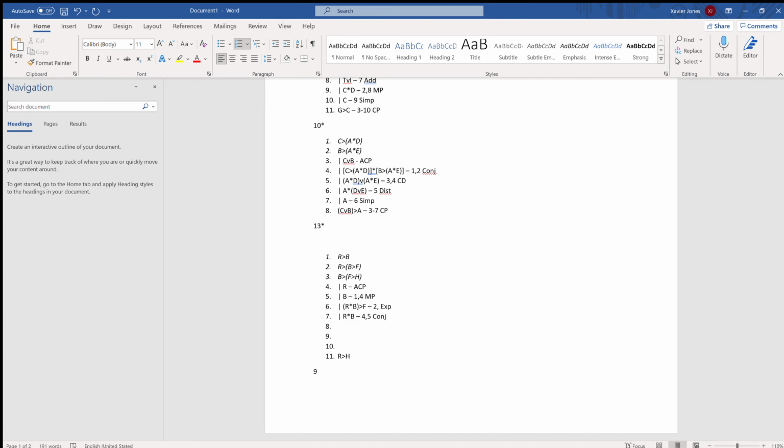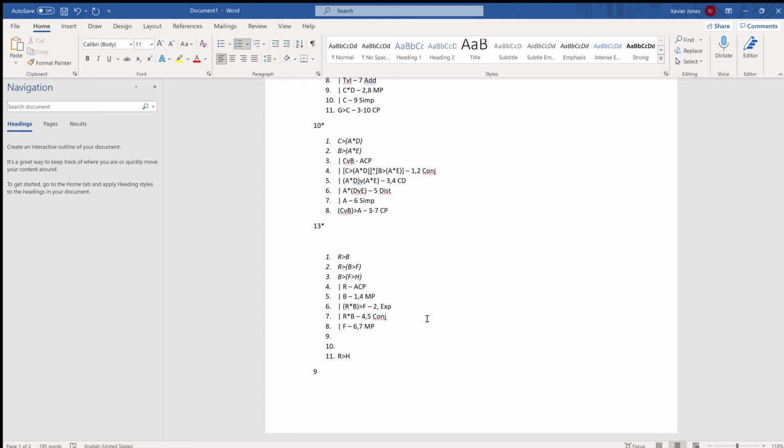All right. F, which is good. We're going to get F. I see how this is going to go. I see how we're going to do this. Sorry, anyways. F, and this is going to be lines 6 and 7, modus ponens.